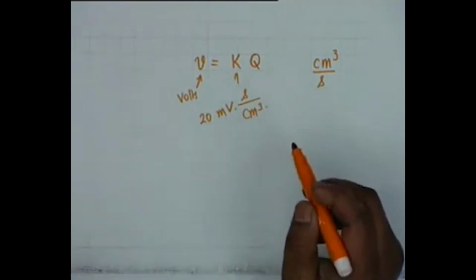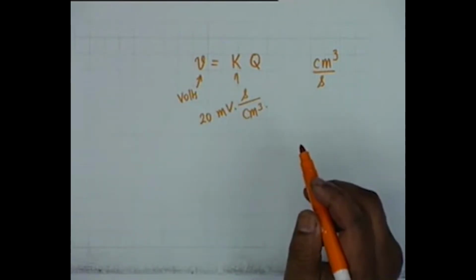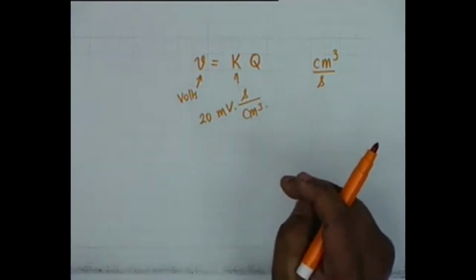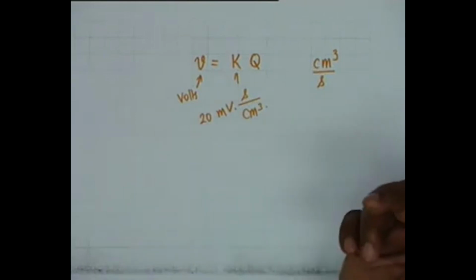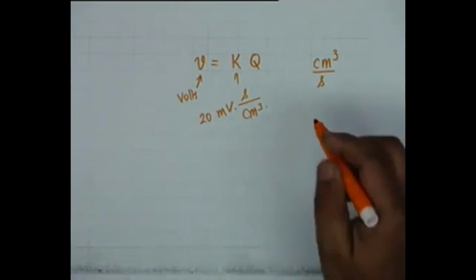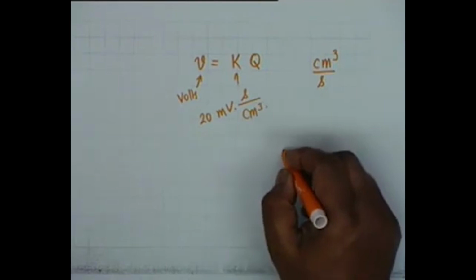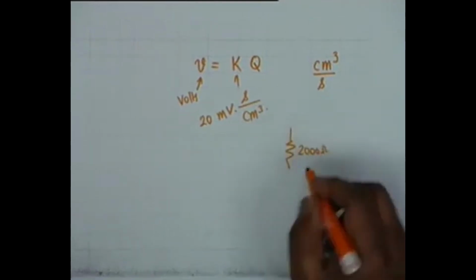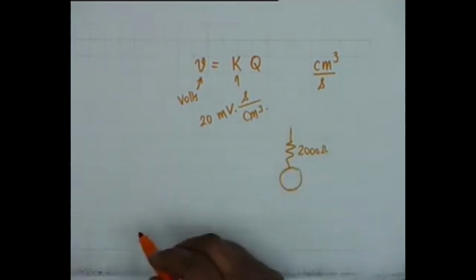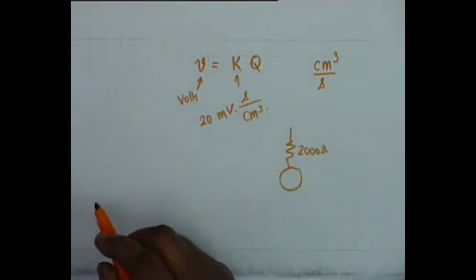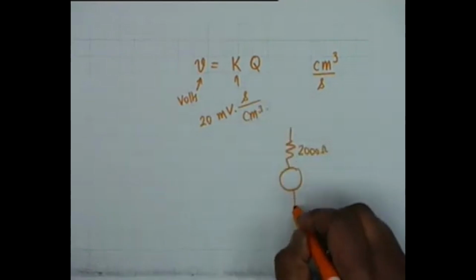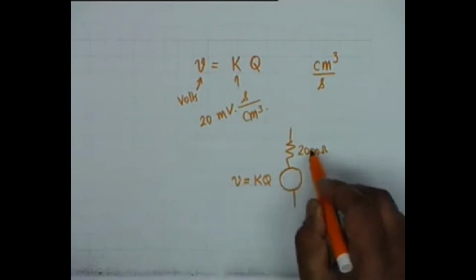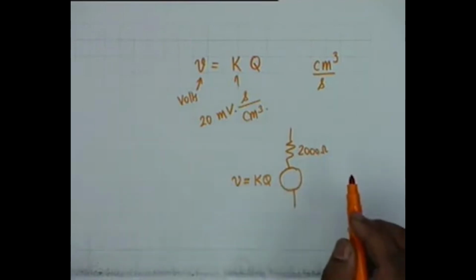The effective output resistance of the flow meter has a resistance because it consists of coils rotating in a magnetic field. The coils have a resistance, and this resistance is 2000 ohms, 2K. If the flow meter is represented by a voltage generator, then the voltage generator is KQ and its internal resistance is 2000 ohms.